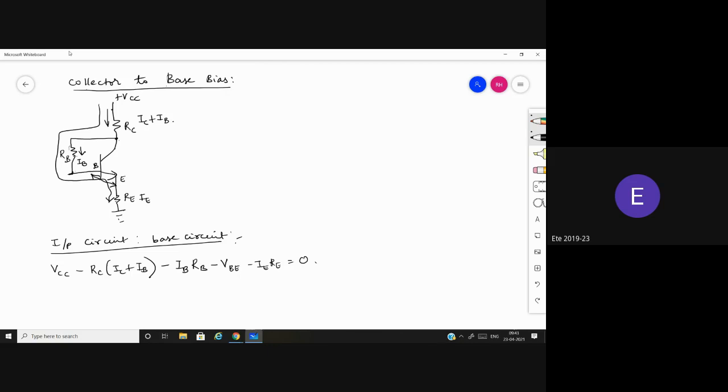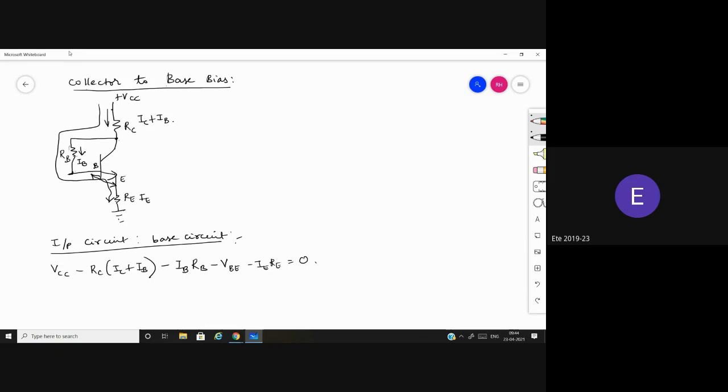Now, what is our main intention in doing the analysis at the input circuit? The main thing is to find out IB, the base current.